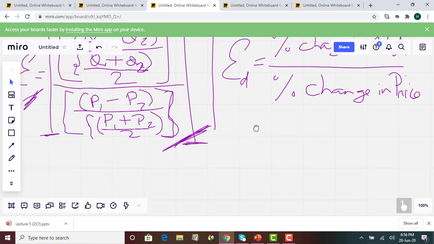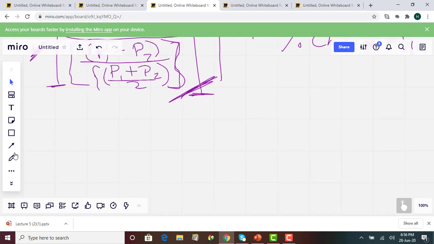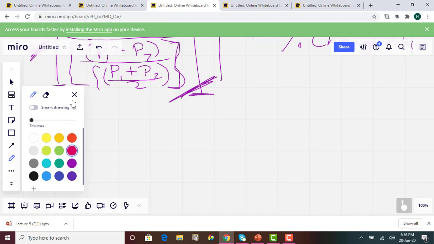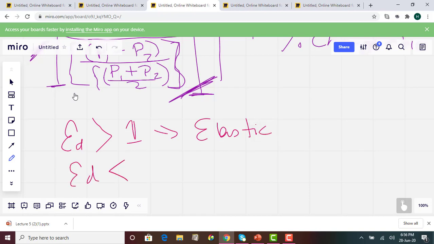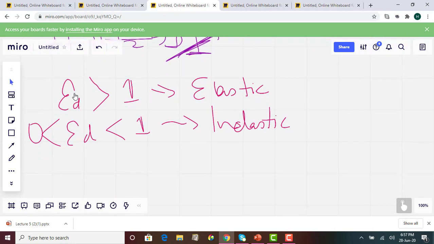I want to write this so you remember it. It's also written in your slide, but I want to be sure you understand, because this is very important. If elasticity of demand is greater than 1, it's elastic. If it is less than 1 but greater than 0, then it's inelastic. If it equals 1, then it is unitary elasticity.